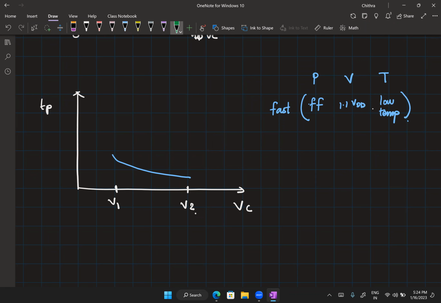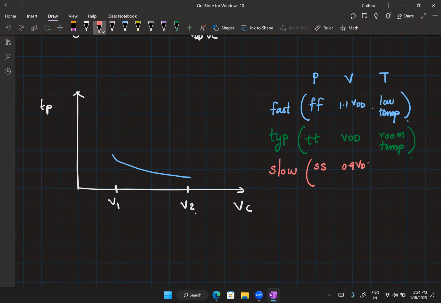Now, let's say the next curve is the typical or the nominal behavior, which means the corners are typical. Both NMOS and PMOS are in typical corner. You have VDD, and your temperature is the room temperature or the ambient temperature that you expect. And finally, we will have the slow corner, where the process is SS, both NMOS and PMOS in slow corner.